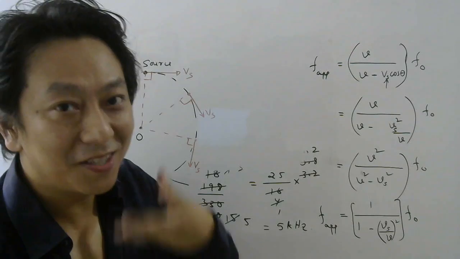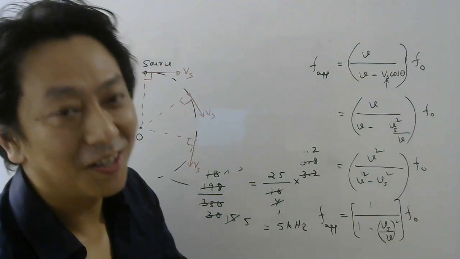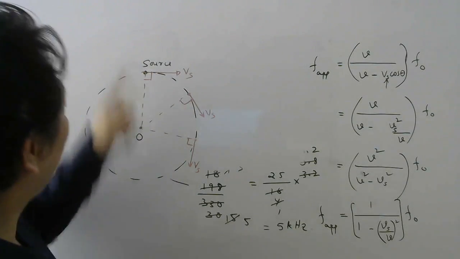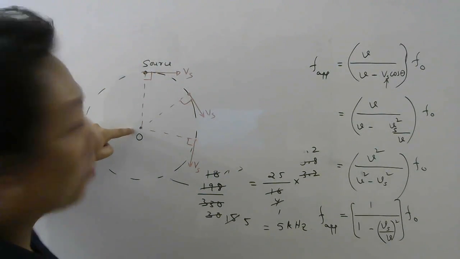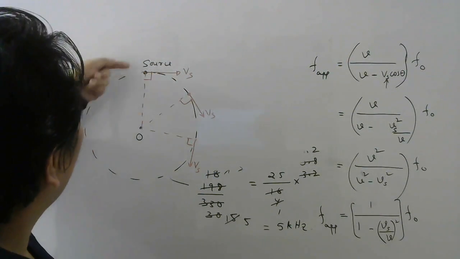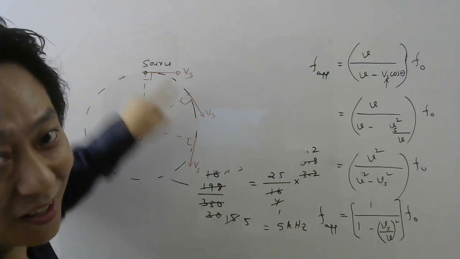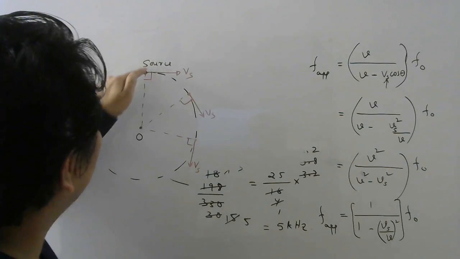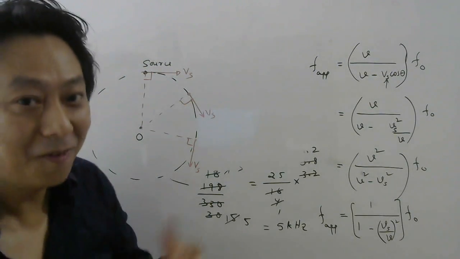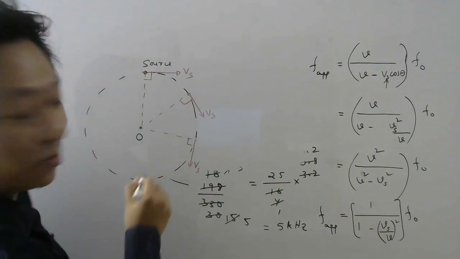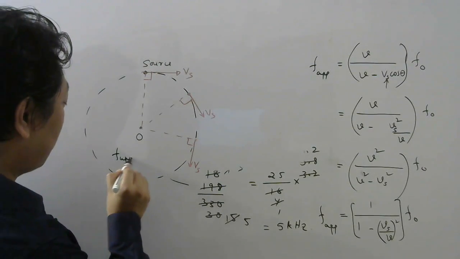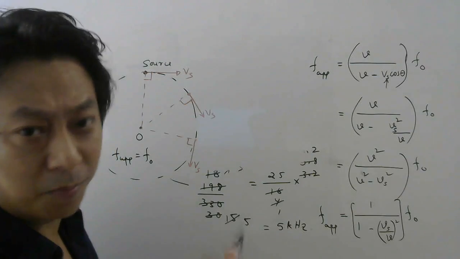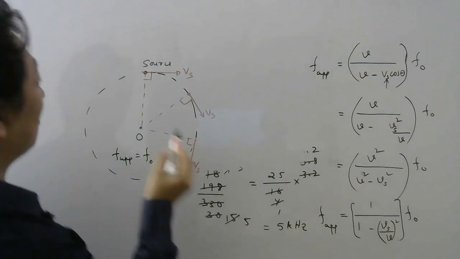Now the reason why students say that the frequency should not change is because they compare the given problem with this problem. Now if you see this problem, this is the source, this is the observer, this is the line joining them, and here is a source which is moving in a circle. So at this instant, its velocity is Vs perpendicular to this line joining, right? Here, if they ask what is the apparent frequency, then we say the apparent frequency is the same as the actual frequency. There is no change here. Now why? Previously there was change. The reason is very simple.